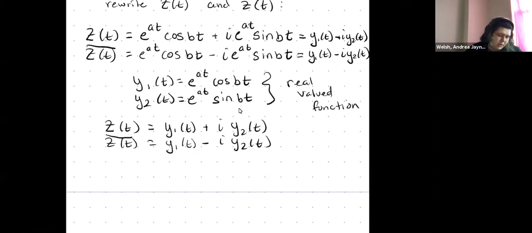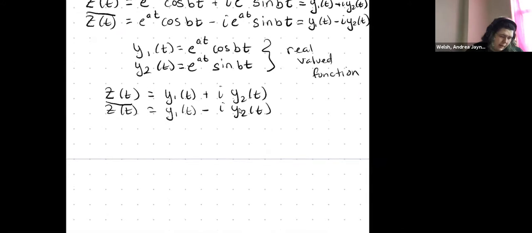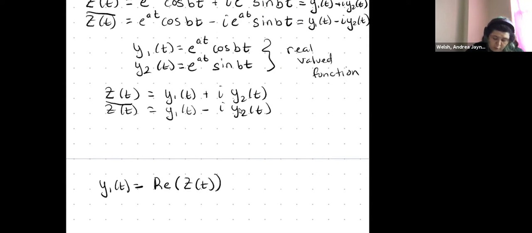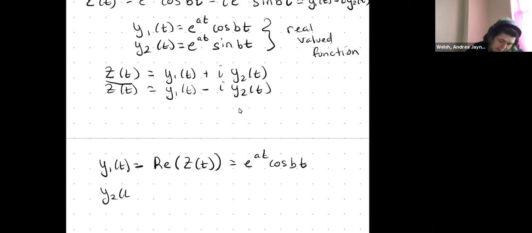So another way to look at this is to say that y1 of t is just the real part of z of t, or the real part of z bar of t. That's the same thing here, which is e to the at cosine bt, and y2 of t equals the imaginary part of z of t, or z bar of t. The imaginary parts are the same.